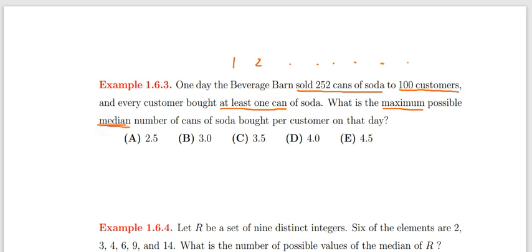We have 100 numbers, so the median should be at position 50 and 51, right? The median is the average of the numbers at positions 50 and 51.